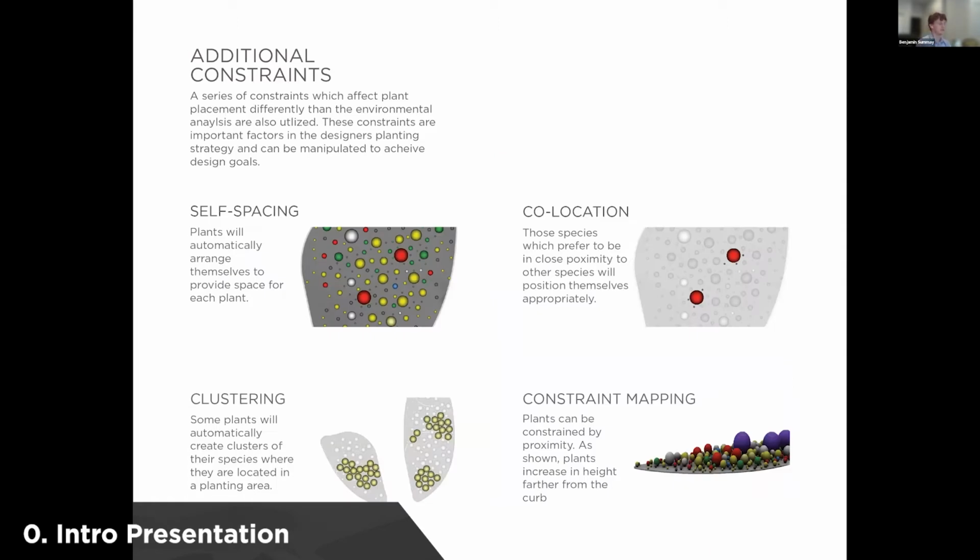A few of these constraints are embedded within the plants themselves. It will read out some of the plant constraints, and then it can do things like co-location, clustering, since some plants like to cluster, and self-spacing. We'll have examples of constraint mapping where plants that are taller are towards the center of your planting zone as well.